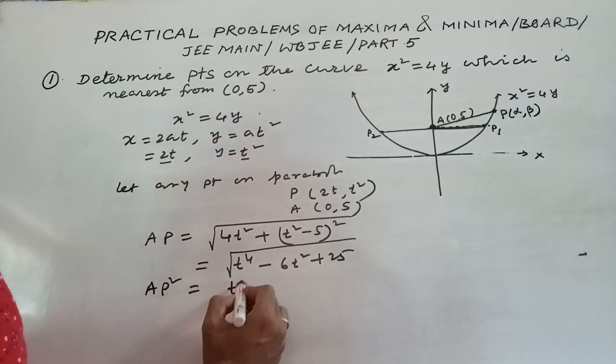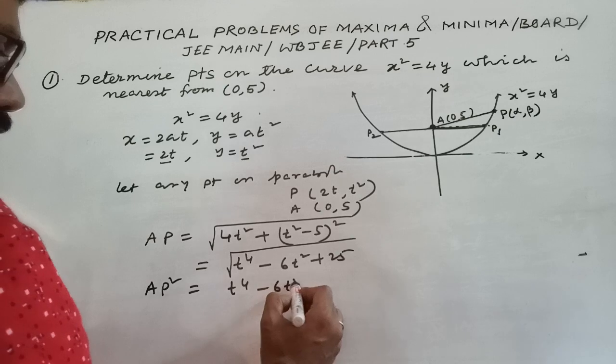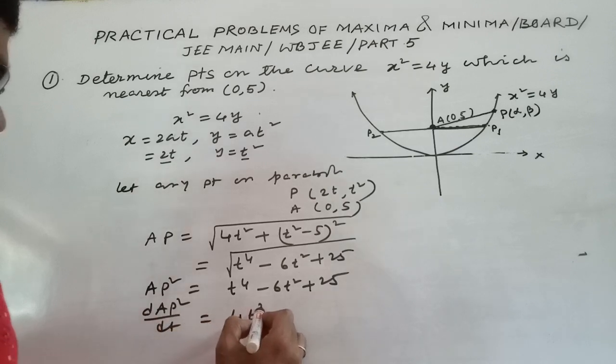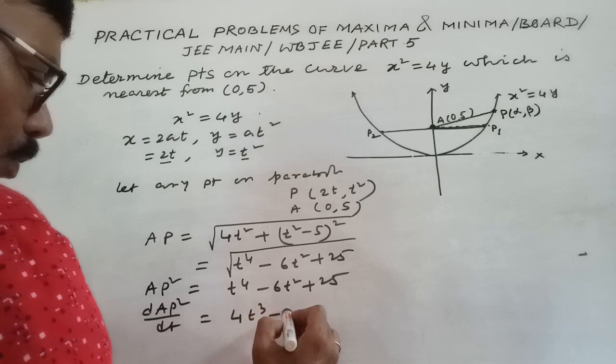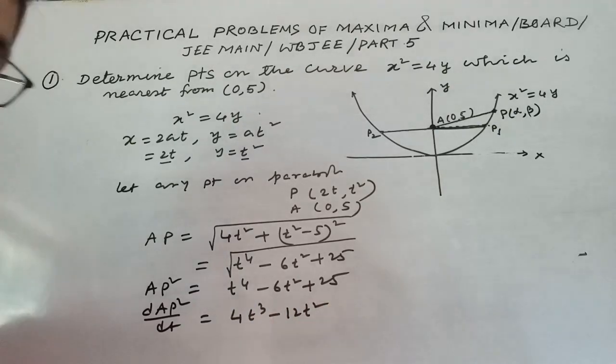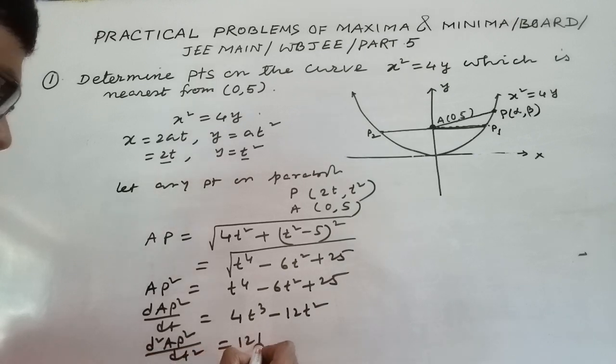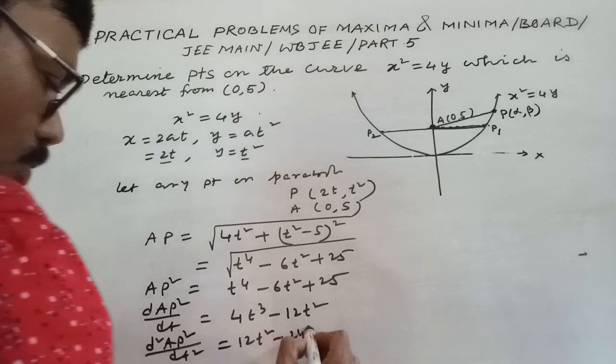Take the square, t to the power 4 minus 6t square plus 25. So d AP square by dt is 4t cube minus 12t, and d square AP square by dt square equals 12t square minus 12.